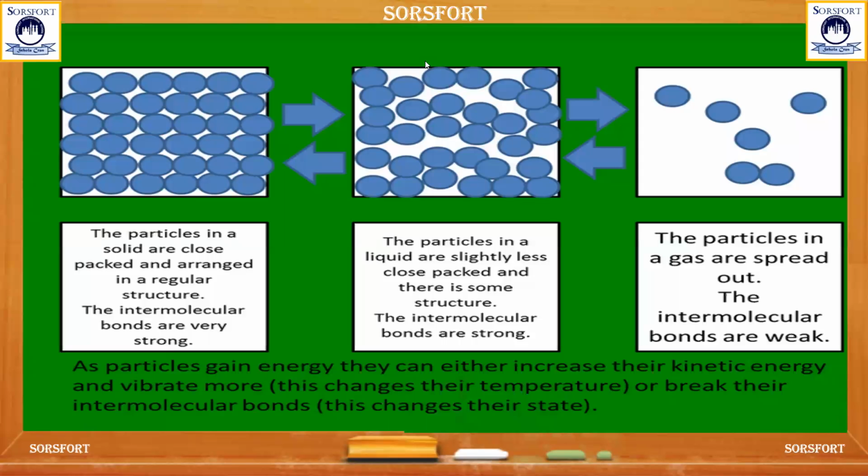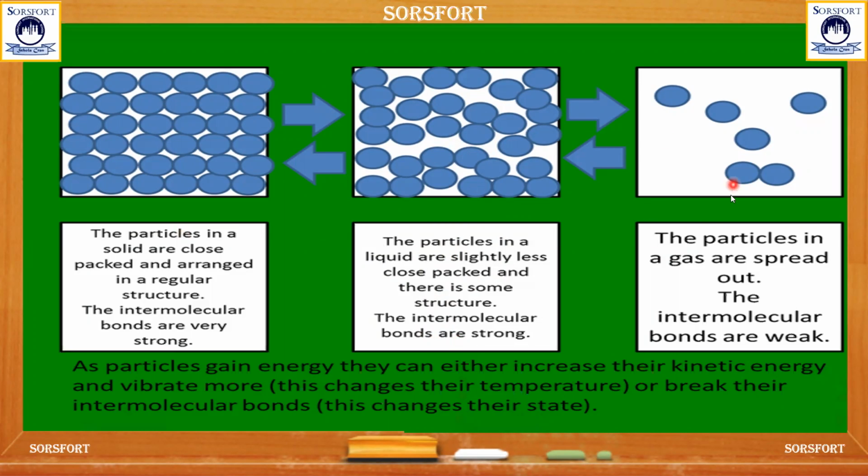Solid state, correct, students. Now, in the liquid state, the particles are slightly less close packed. You can see there is more space between the molecules, and there is some structure. The intermolecular bonds are strong.